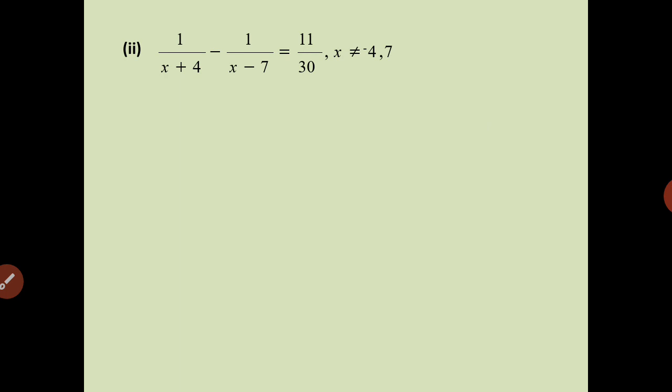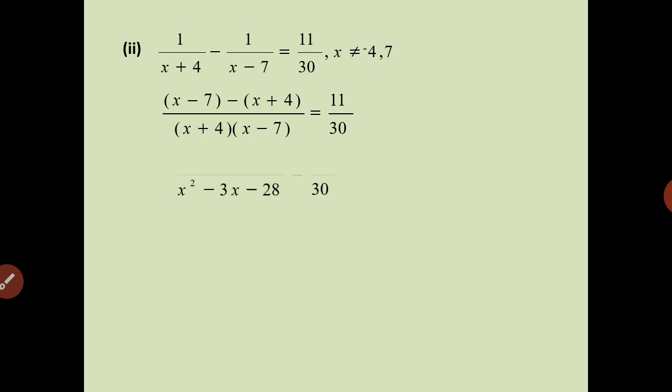This is what is written. What you have to do is proceed with the LCM or cross multiplication method. This is what you get. Solve the numerator separately and the denominator separately on the left hand side. The 11 and minus 11 in the numerators get cancelled out.